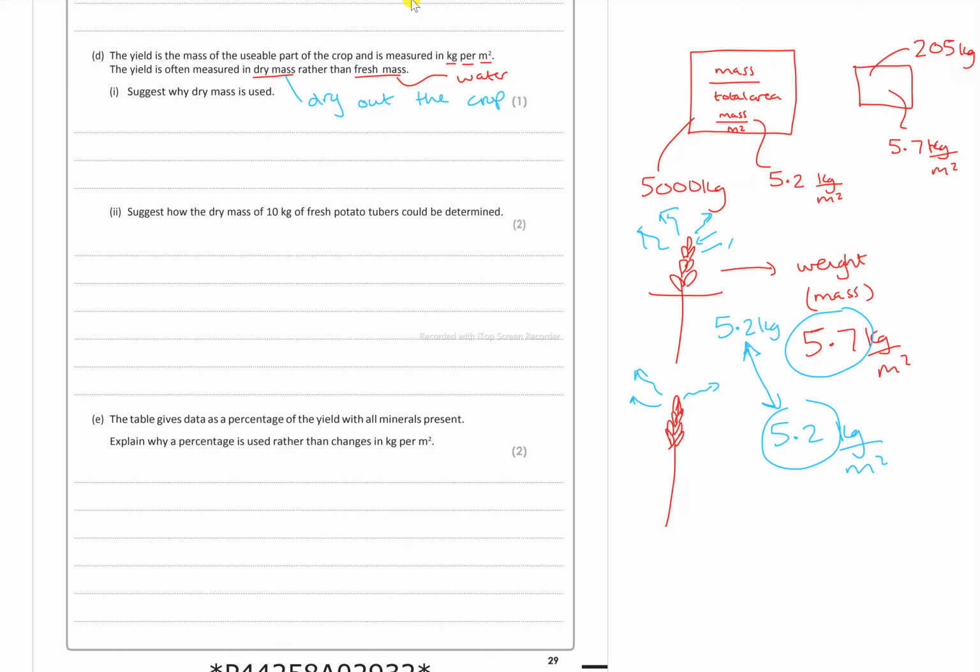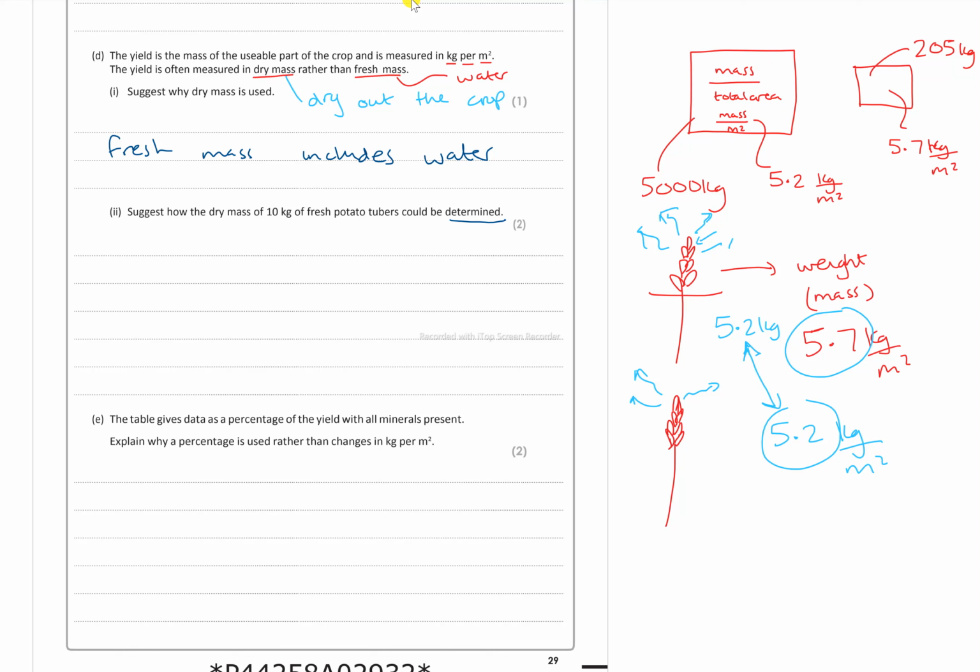Right, we can say here fresh mass includes water. Suggest how the dry mass could be determined.